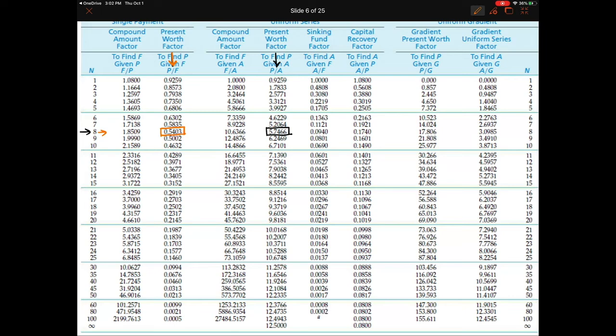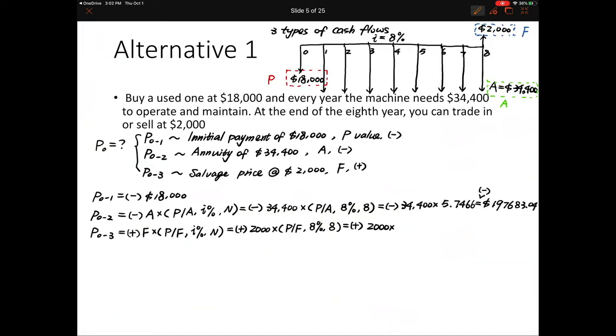So now the factor you're looking at is this. Okay, so just go back and then put it here, 0.5403. Positive, do the calculation. It is 1080.6. So now you have already converted all the three types of cash flows back to the present time.